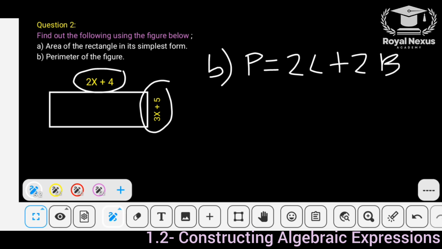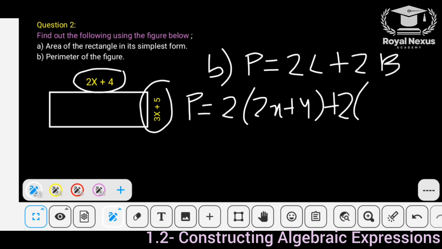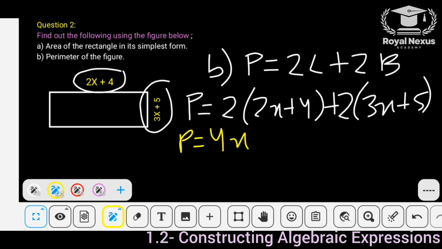So the perimeter will be 2 times length, that is 2x plus 4, and 2 times breadth, that is 3x plus 5. Now we will be opening the brackets, so it will be 2 times 2x, that is equal to 4x, plus 2 times 4, that is 8, plus 2 times 3x, that is 6x, plus 2 times 5, that is 10.